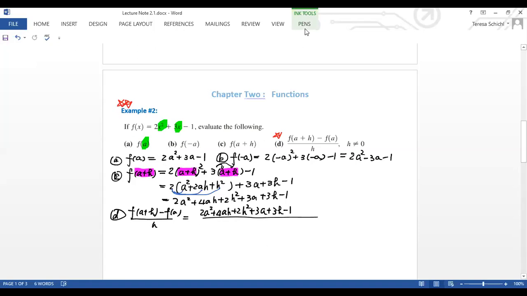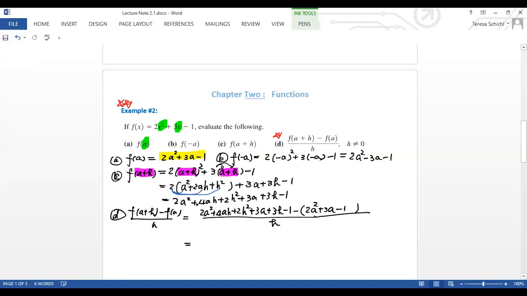Where is f of a? Here is f of a, right? So there's a minus here. Be careful, minus. So put them into parentheses, 2a squared plus 3a minus 1. And then divided by h here.